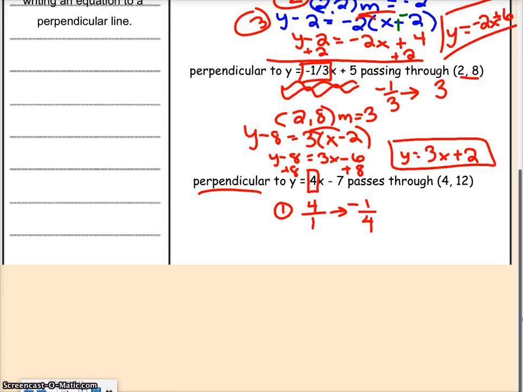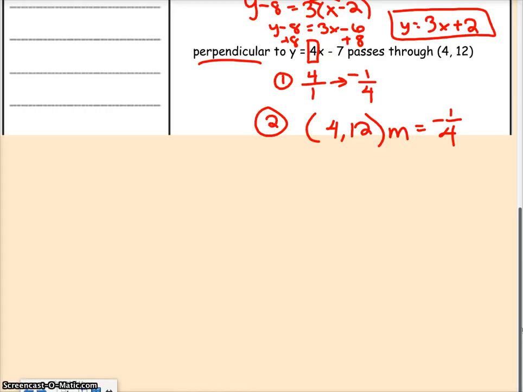Step 2, I have my point and my slope. Uh-oh, it's going to be a fraction. That stinks. That's okay though, because I gave you a strategy for fractions. One more step, almost done, even though it's the longest step.